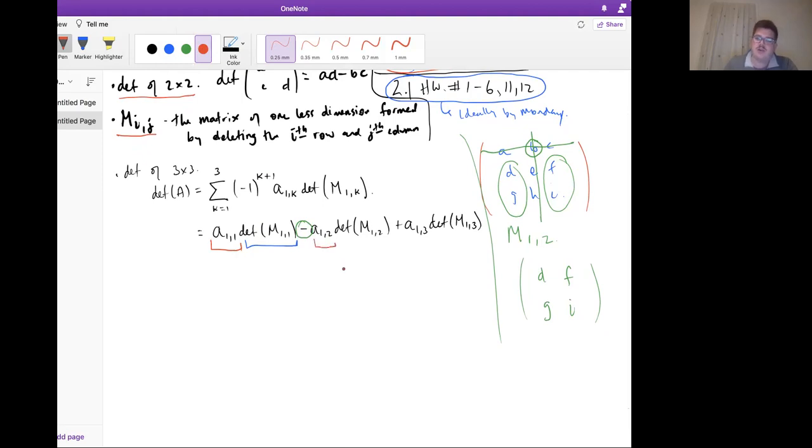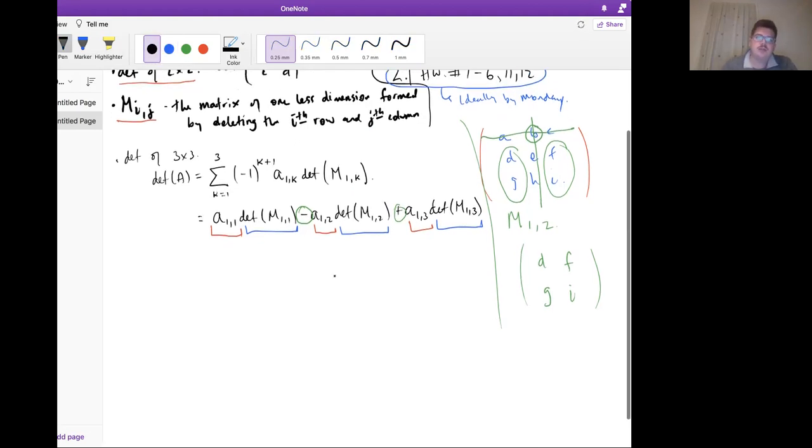We go down the row and take the second entry and multiply it by the determinant of deleting that row and that column in position 1, 2. And then we go back to plus, and we take the last entry in the row, A13, and multiply it by the determinant of that matrix, deleting the first row and third column.